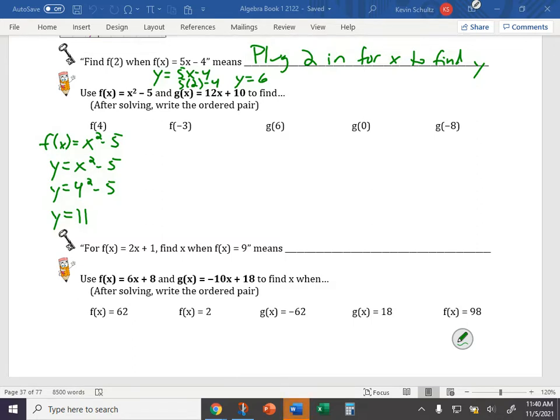The notation f of 4 means you're plugging 4 in for x in the f of x equation.